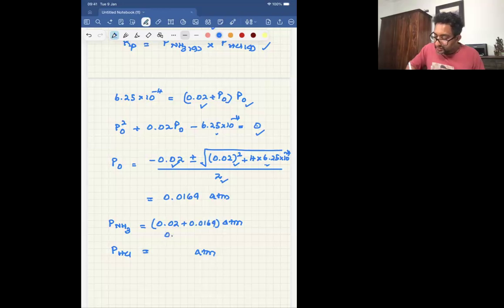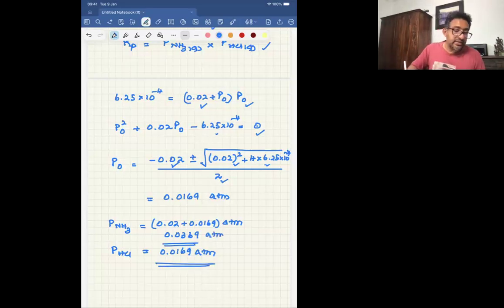So the pressure is 0.0169. Now it's okay, I think. I may have used the wrong value here for the pressure, not Kp.